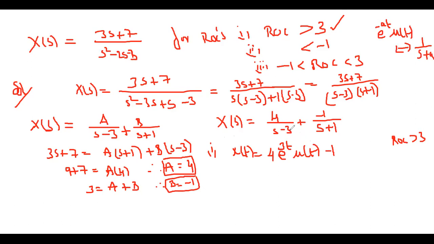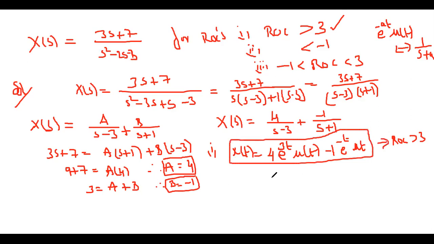What is the a here? Minus 3. So minus into minus is a plus, it becomes 3t. And minus 1 is a coefficient, and e power minus t, because it's the plus here, into mu of t. Okay, this is the inverse Laplace transformation for the ROC greater than 3.